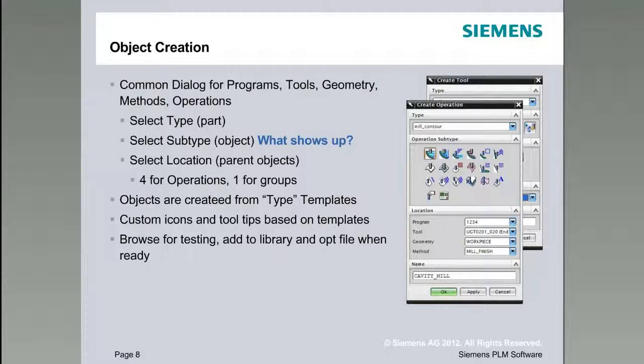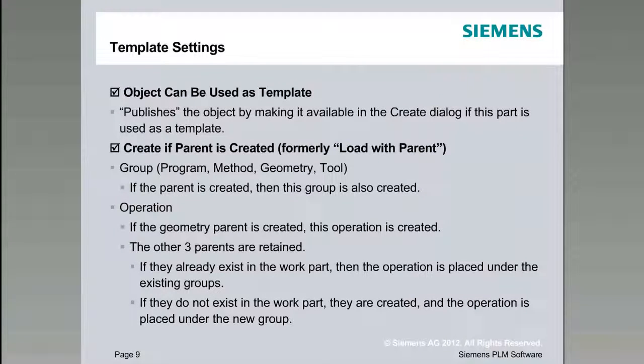When we have a template and an object in it, we have what we call template settings, and there are 2. The first one is object can be used as a template. This means that if somebody uses this part as a template, this object is going to show up in the create dialog. That determines whether this shows up as an icon when I go to create operation, create tool, or create geometry.